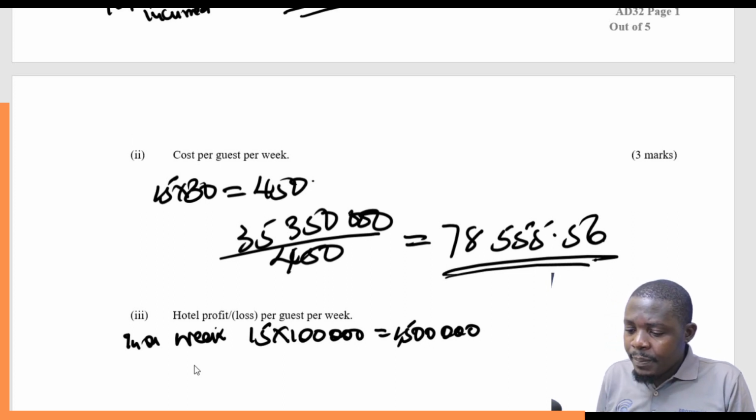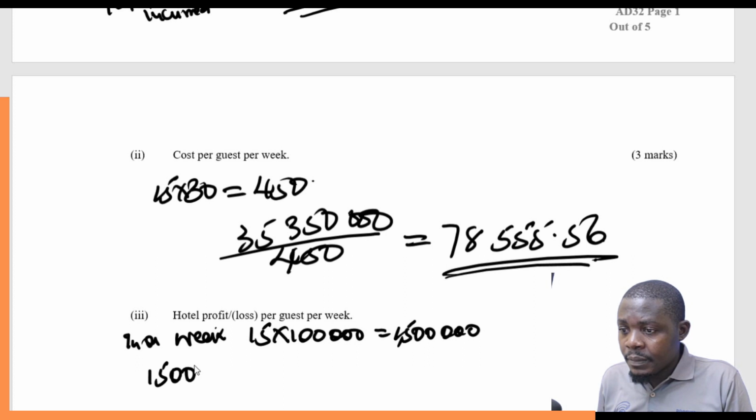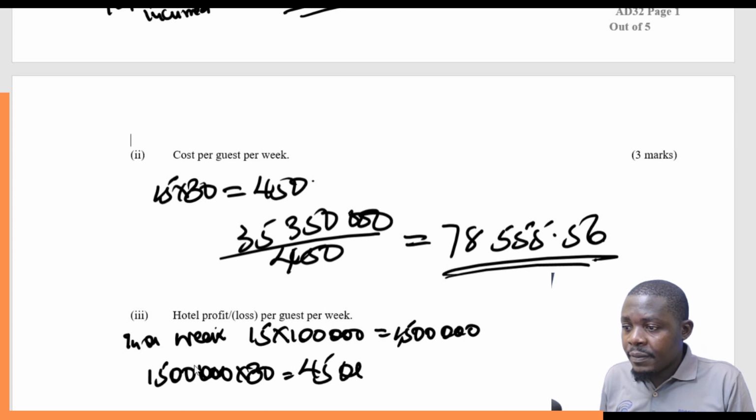Then we determine the profit. How many did we make? We have 15 multiplied by 30, which is 450 guests, so 45 million is the total revenue.